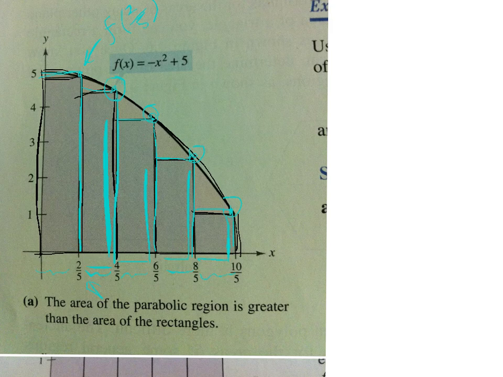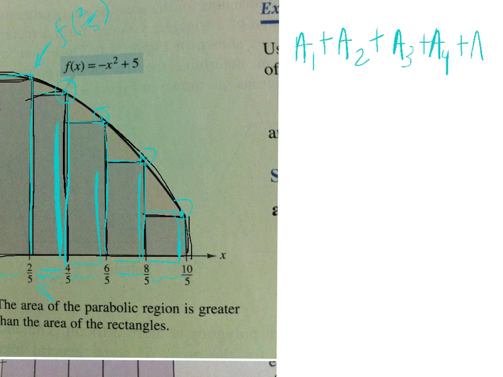So rather than area plus area plus area plus area plus area, we want to write it as the sum as i equals 1 to 5 of A_i, the area of the ith rectangle from 1 to 5.